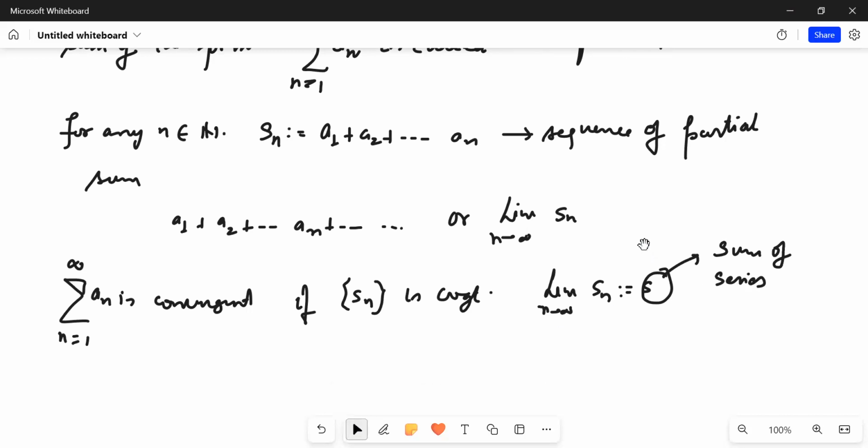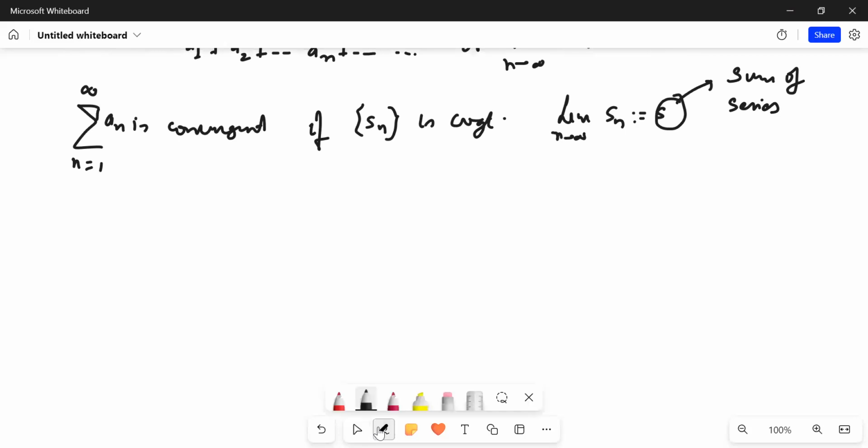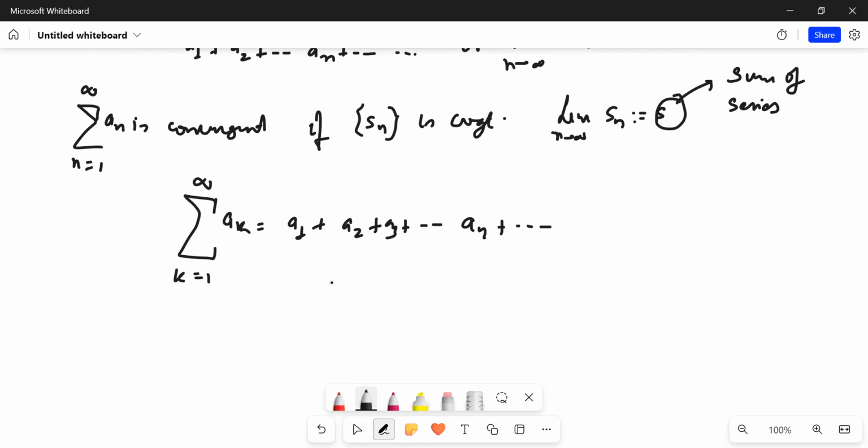Understand again, and I am reiterating this because it is one of the most important facts. If I am considering a series, k equals 1 to infinity ak, it would imply a1 plus a2 plus a3 up to an and so on. Basically, it is equal to limit n tends to infinity Sn, where Sn is the sequence of partial sums.